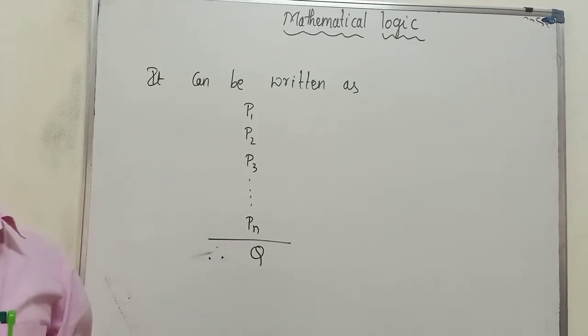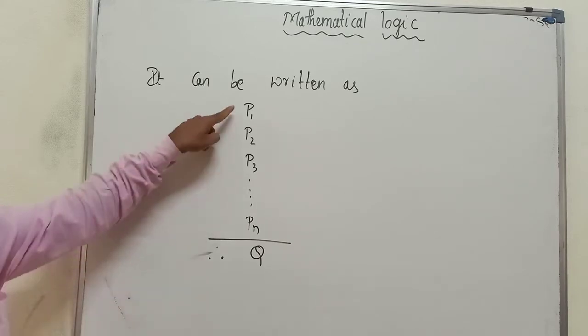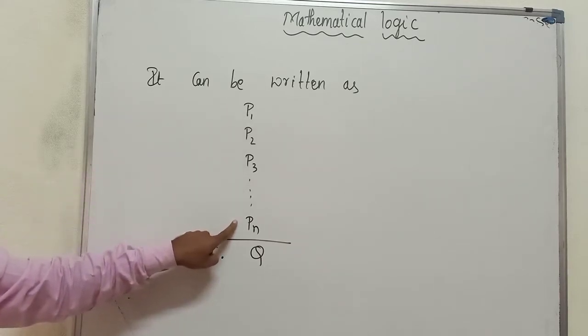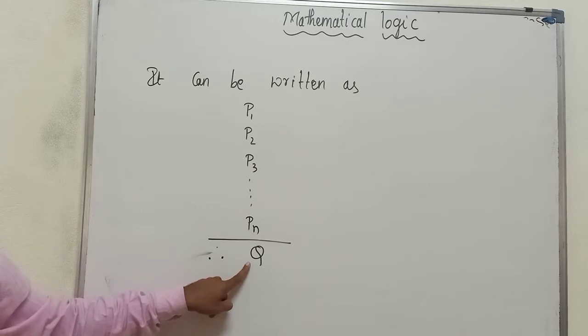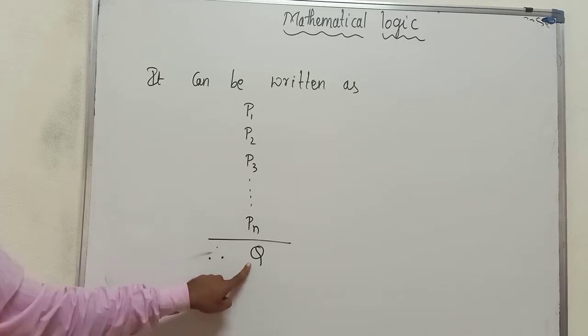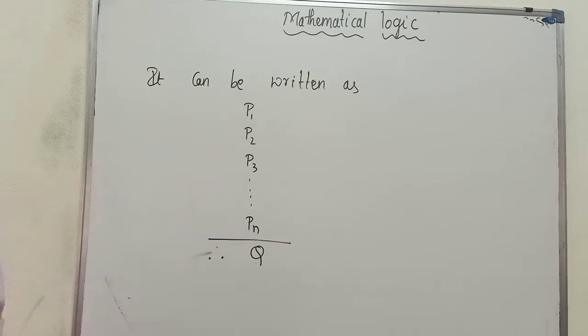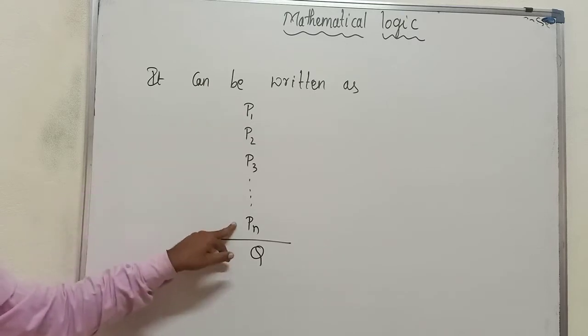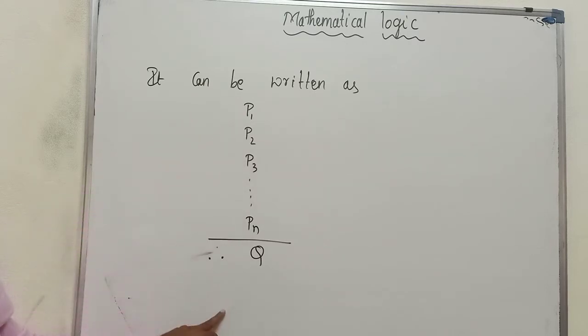All of these must be true and Q must also be true. Then we say it is a valid argument. If any one of these is false, we cannot say it is a valid argument.